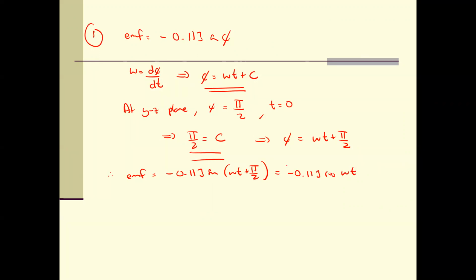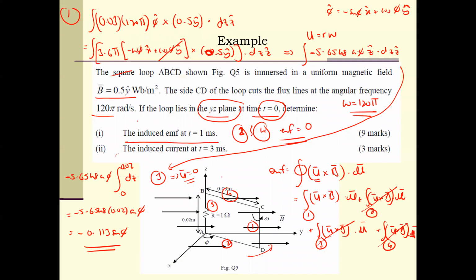This is the EMF based on time and on omega. So we can write this as negative 0.113 cosine of 120 pi t. This is the EMF term based on time, and we can then use it to answer the questions.